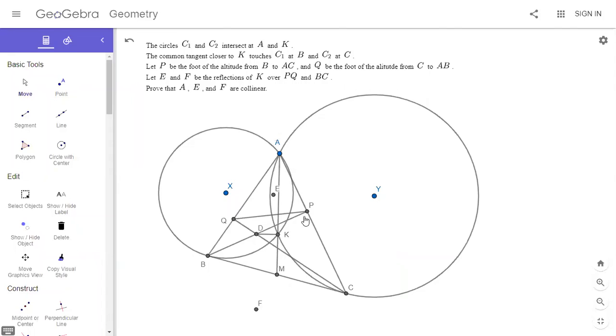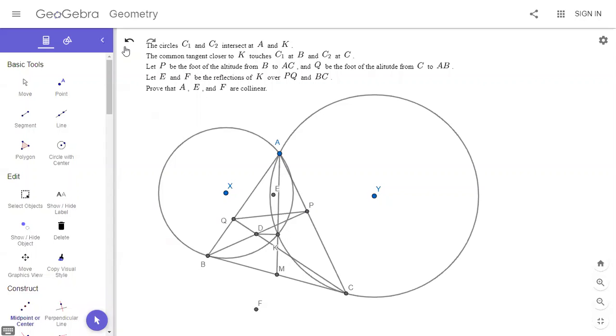Well, I think I kind of have an idea by doing an angle chase how we could show that. Okay, by symmetry. So M is already the midpoint of BC.